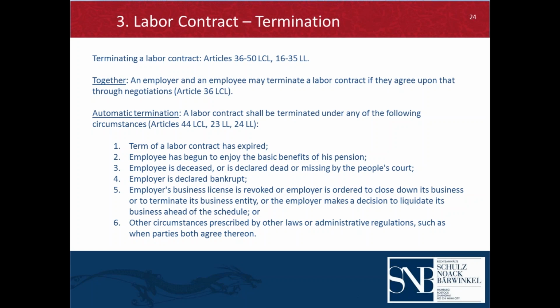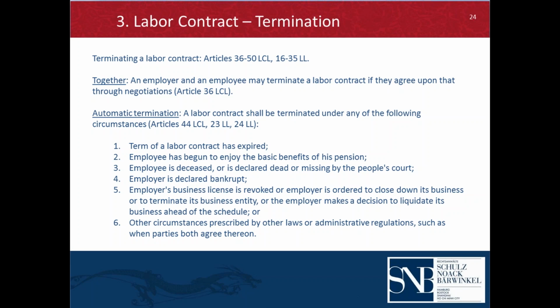This is quite tricky for the employee, because according to the regulations, if the employee has asked the employer to terminate the contract or enter into this negotiation, then he may lose his claim for compensation. So this is a topic which both sides have to carefully consider when they enter into this amicable agreement on the termination of the labor contract.